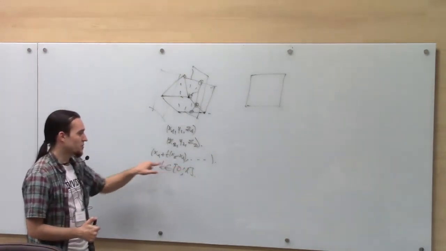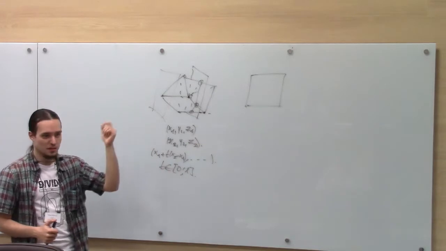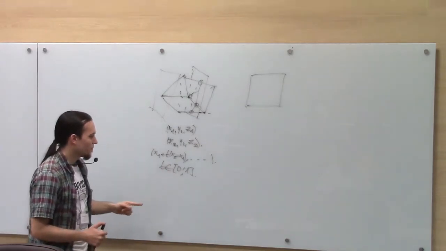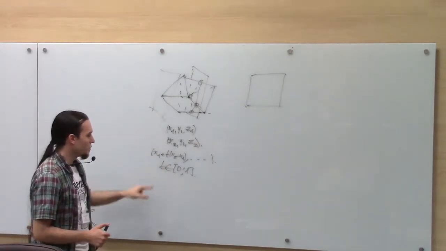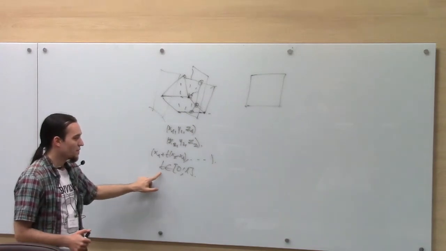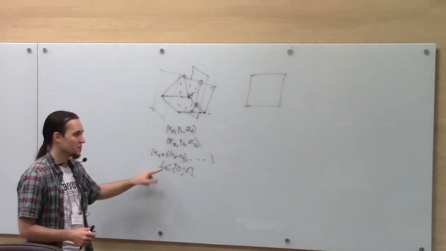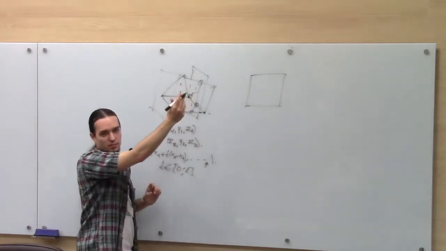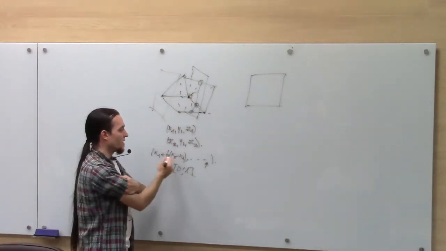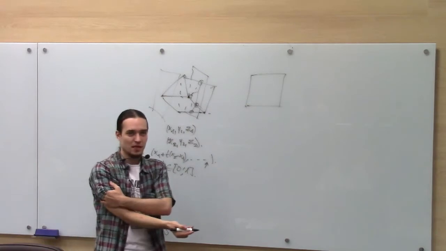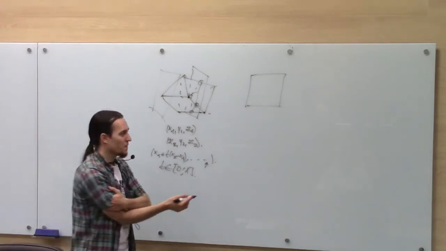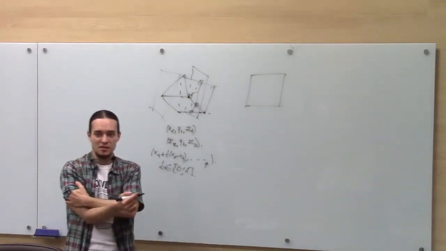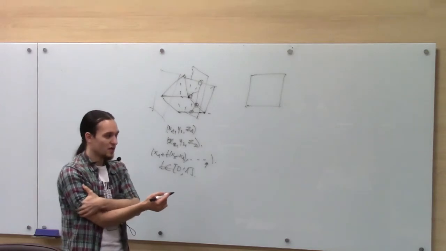Right? So as we gradually change t, we obtain all points in the segment. So to find the intersection point with the plane, we have to solve this for t, where the z coordinate here is equal to the z coordinate of the plane. So after we find t, we have all the coordinates. Okay, so intersecting the segment with the plane is easy, and you don't have to do much.